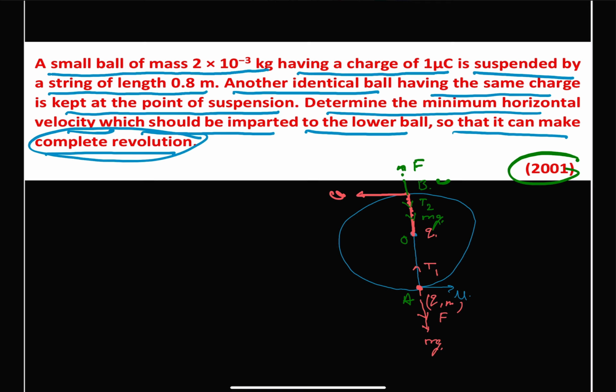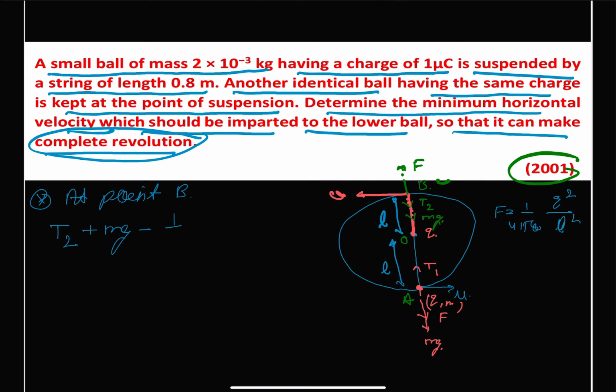And we can write the equation for point B. At point B, the net force is T2 plus mg minus the force F, that will be acting, which is equal to 1 upon 4 pi epsilon naught, and these charges are the same, so this comes as q square, and the distance between the two, let us suppose the length is given as L. So this is our length L, and this will also be length L. So this comes as L square.